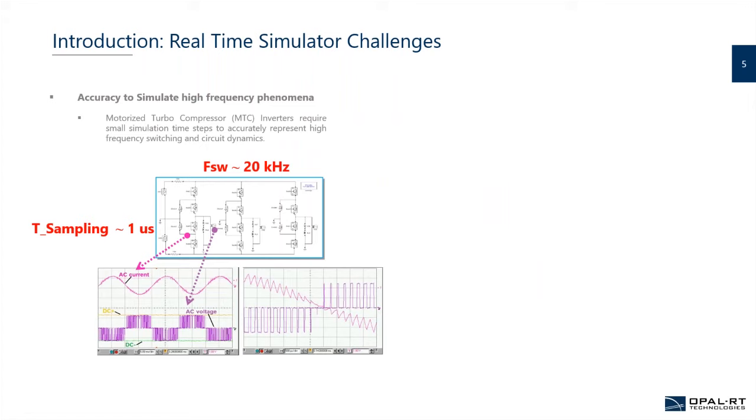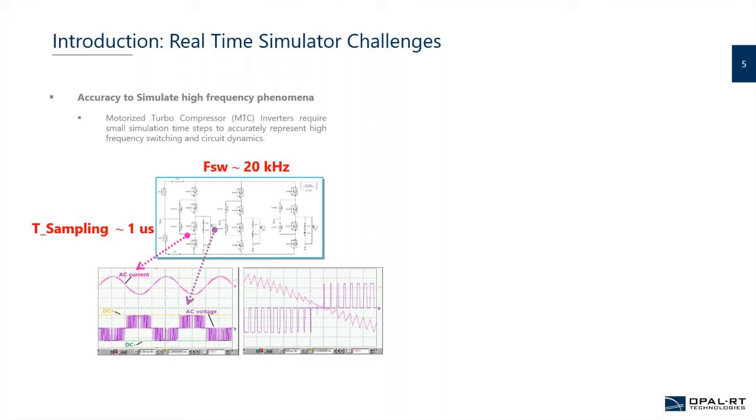The more electric aircraft power system includes power electronic circuits that require high switching frequency. So the real-time simulator needs to be able to decrease the simulation sample time as low as possible to represent accurately the high frequency switching and the circuit dynamics.